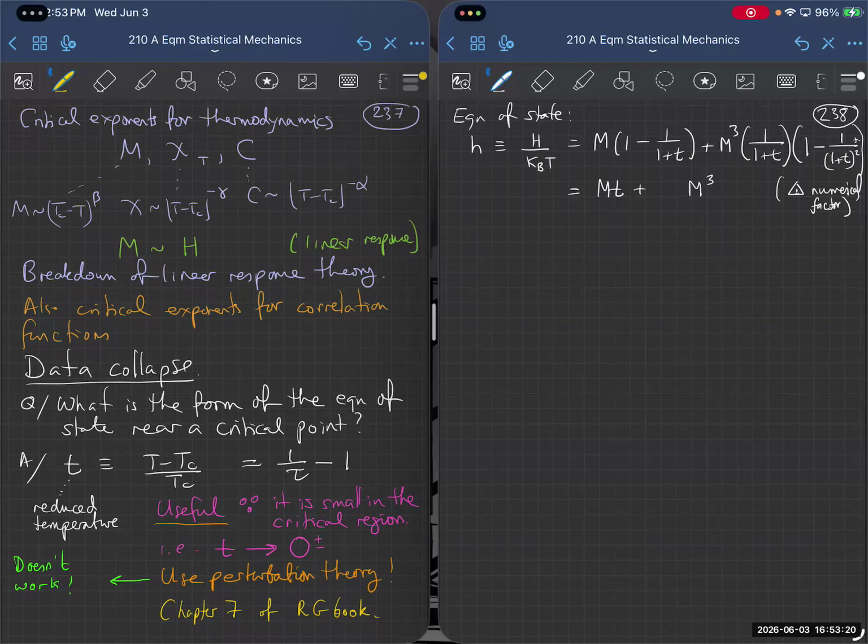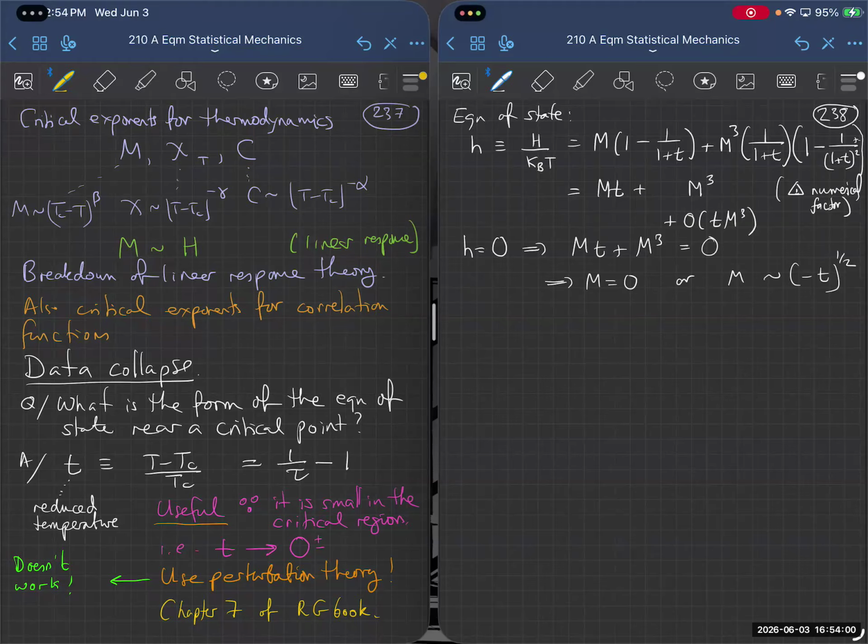Okay, so that's the equation of state, and then there are correction terms which look like t times m cubed and so on and so forth. So if I look at that, I can say, well, let's suppose h is equal to 0, and that means that mt plus m cubed is equal to 0, and so that means that either m is equal to 0 or m goes like minus t to the 1/2, which is the square root law that we already had before.